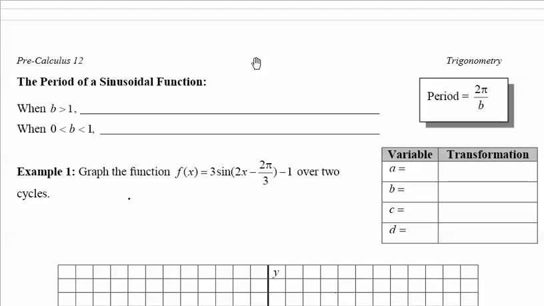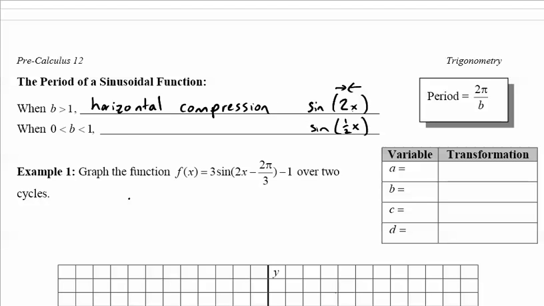So basically when b is a large number, for example like sine of 2x, this is when we see a horizontal compression. And we can fit double as many waves into the same window. When b is a small number like a fraction, then we see a horizontal expansion.